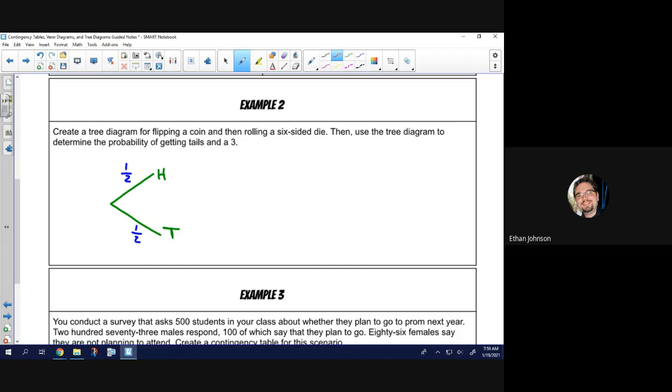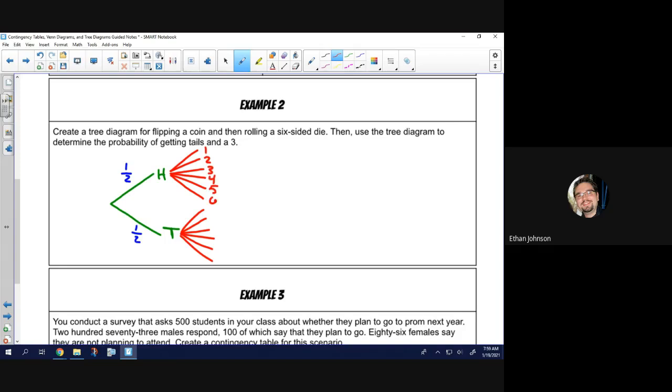The second event is rolling a 6-sided die. So options are 1 through 6. So I need 6 lines branching out from heads. And I need 6 lines branching out from T for tails. And then my number. 1, 2, 3, 4, 5, 6.